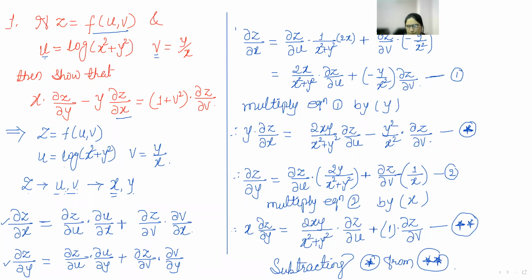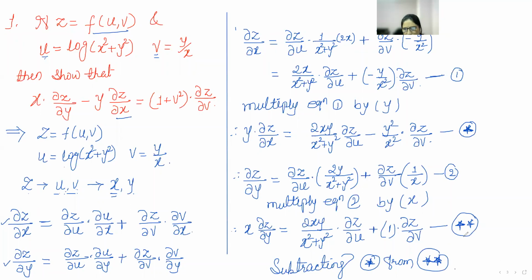Now next. Therefore, x into dou z by dou y minus y into dou z by dou x is equal to double star minus star.